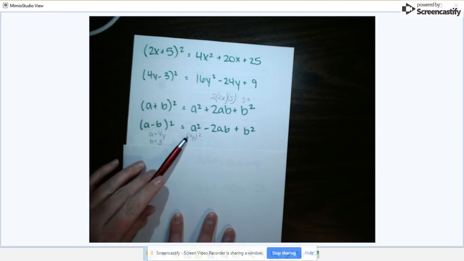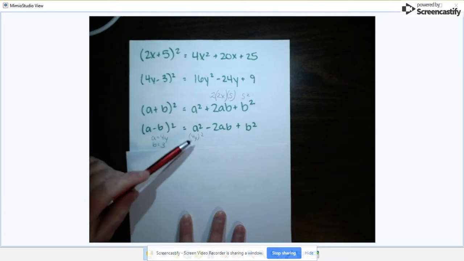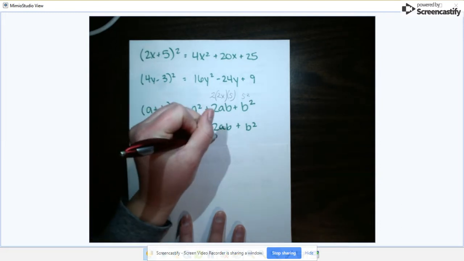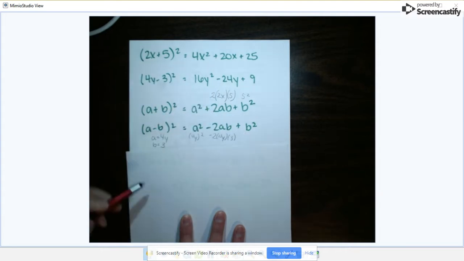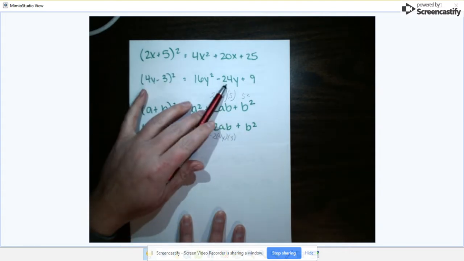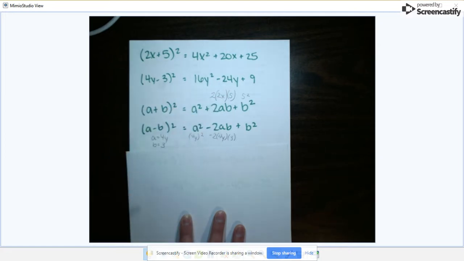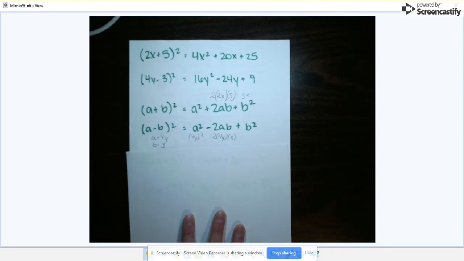Well, I have to square my 4 and my y to get 16y squared. Minus 2 times a, which was 4y, and b was 3. 2 times 4 is 8. 8 times 3 is 24y. And then b squared is 3 squared, which is 9.